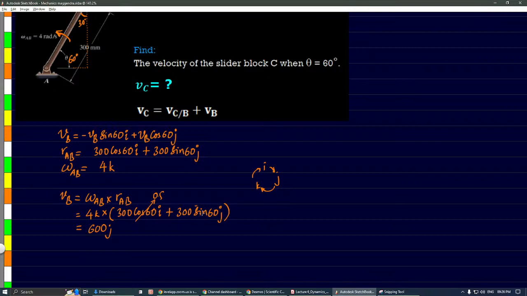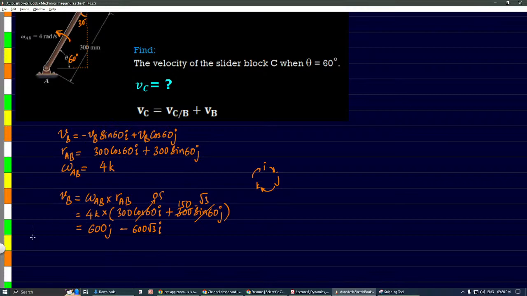Let's take root 3 here, and the 2 cancels with this 150. 4 into 150 is again 600. So 600 root 3, J. Sorry, not J, K into J. K cross J is minus I. Minus means you will get minus here.